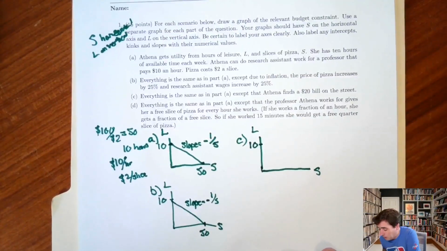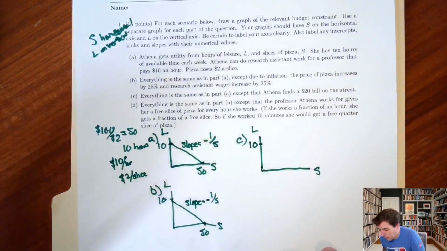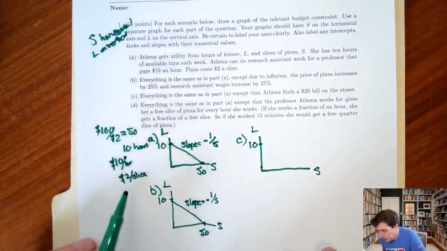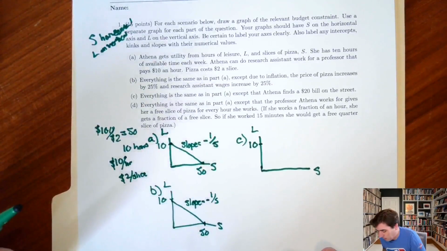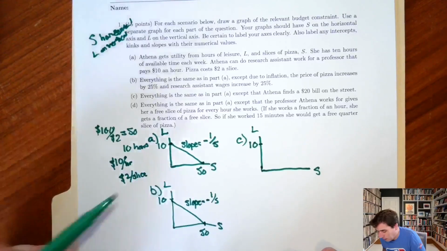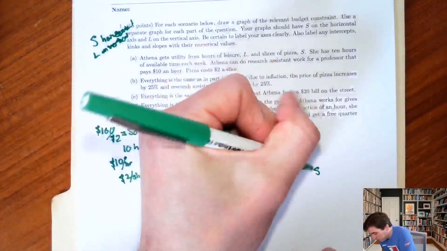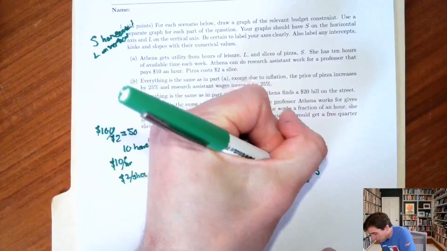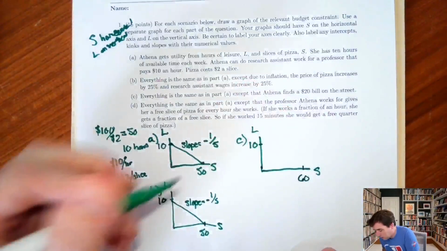What a $20 bill does do is buy me more pizza. At $2 a slice, it can buy me 10 more slices. And so instead of 50 total slices, I can now buy 60 total slices.